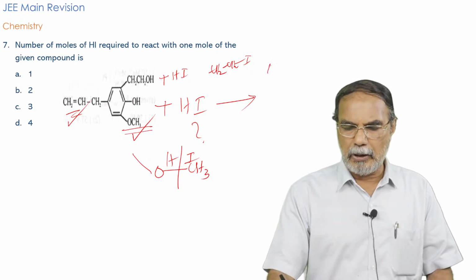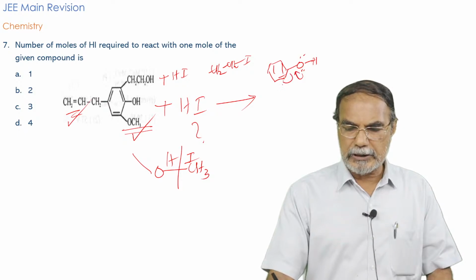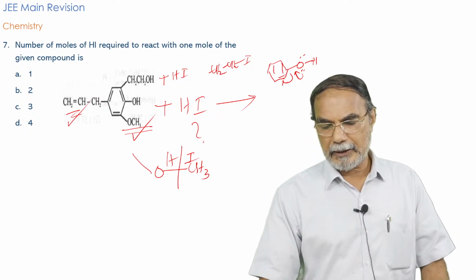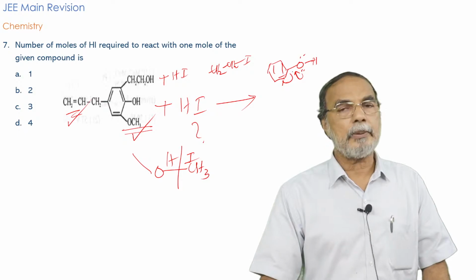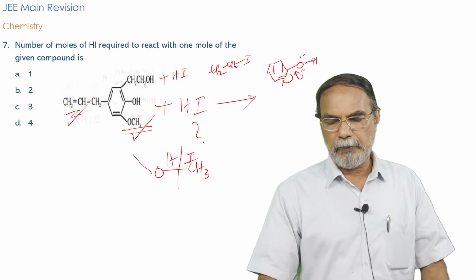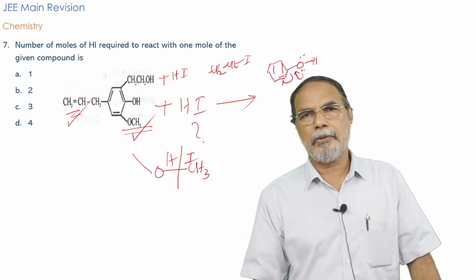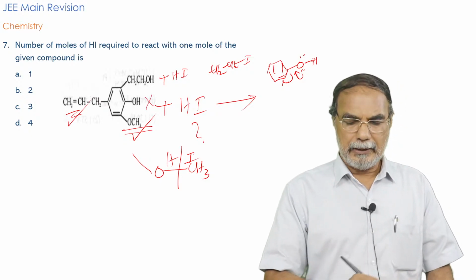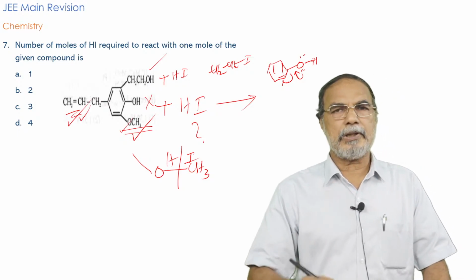Therefore the aromatic ring-oxygen bond here is a stronger bond, and the replacement of the OH by iodine does not take place. Do you follow? So at this point HI cannot react, at this point HI reacts, at this point HI reacts, and at the double bond also HI reacts.